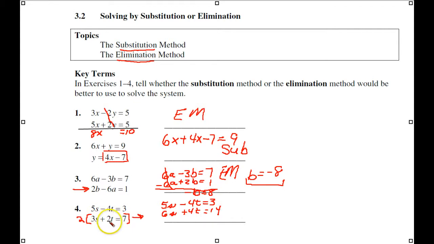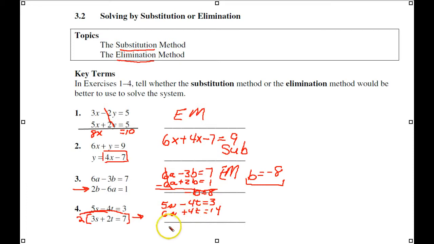Well, if we could increase this one to make it a 4, the 4's would cancel out. So what we do is we put brackets, put a 2 outside, and then multiply each term, making this a different equation, but equivalent, so that now the 4t will cancel out.